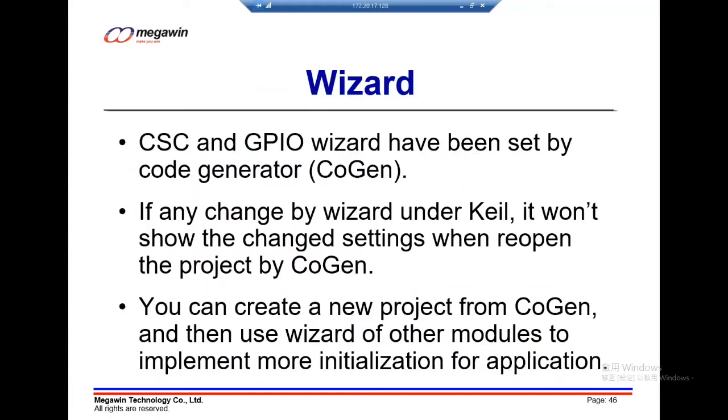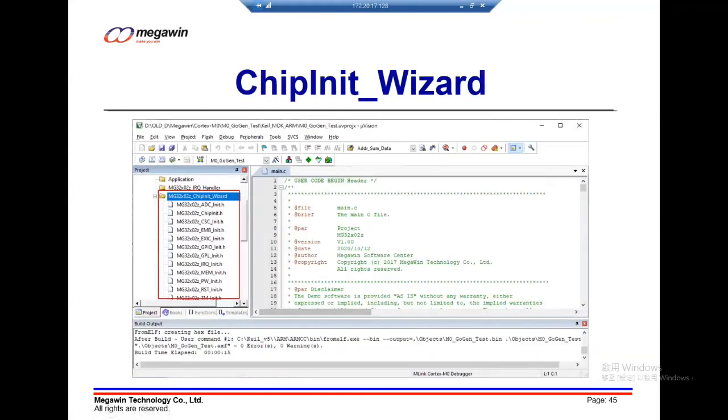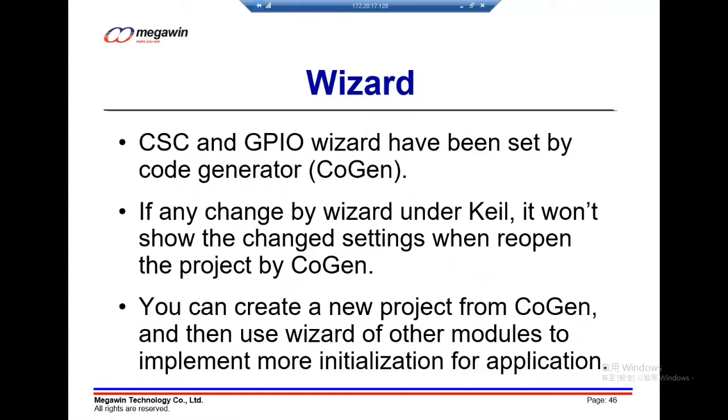So if you use the CoGen to build the project, and after you use the KL to open the project you edit other wizard settings, then if you want to use the CoGen to regenerate and reopen the project, all the wizard settings will not get back to the CoGen.